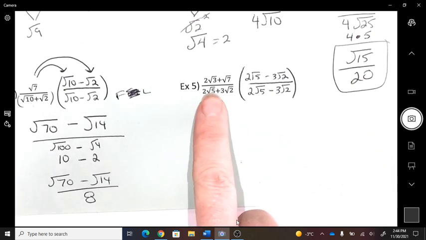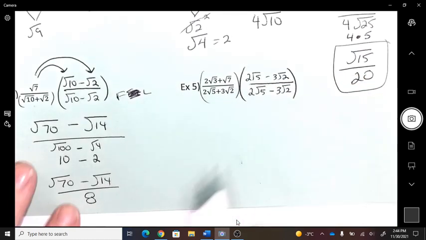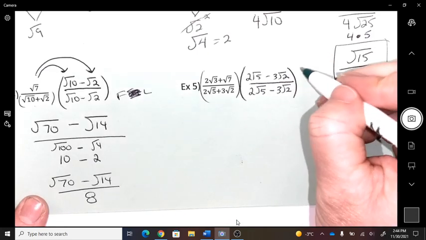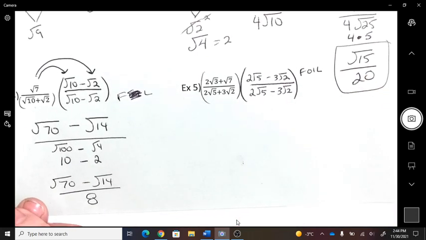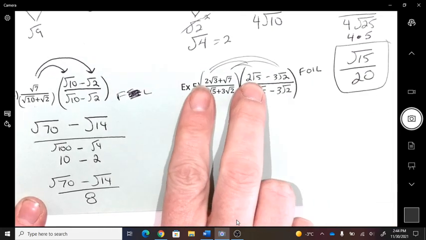If I had a subtract, you would have had an add, right? And vice versa. What should we do to the top stuff here? I think we have to FOIL it. Sorry, there's no shortcuts there. We gotta FOIL.